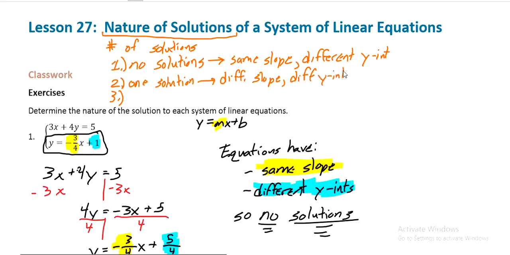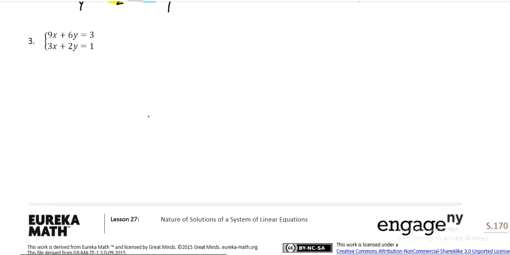But pretty much if you have a different slope, you're going to have one solution because that means they're going to cross somewhere. Now our third option is one that we haven't explicitly talked about yet.